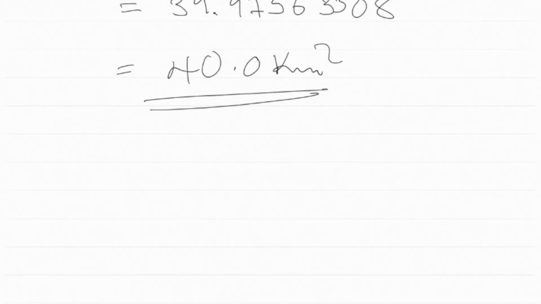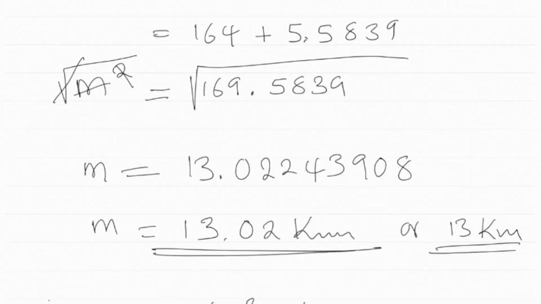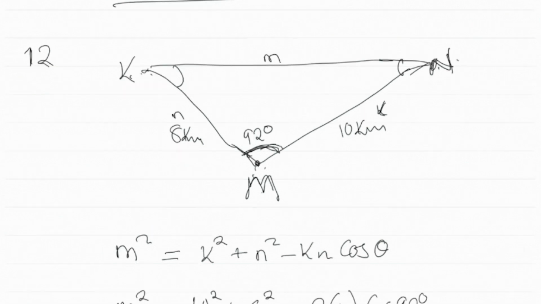We go to part 3 of this question. In part 3, they're asking us to find the shortest distance. We have the diagram there, and they're asking us to find the shortest distance from point M to the line KN.